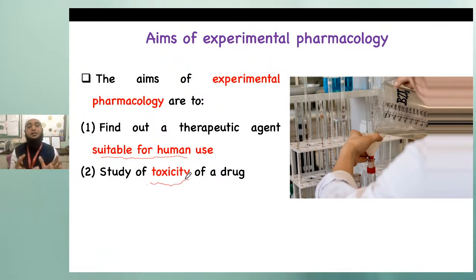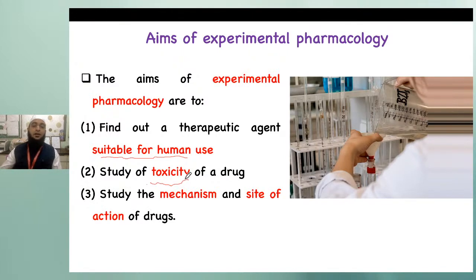This toxicity study is very important to ensure the safety of that drug in human beings. Otherwise, if the drug does not produce a safe effect, instead of a good effect it produces a very severe adverse effect which is life threatening. So instead of saving life, that patient may die. That is why you must study the toxicity of the drug in pharmacology.